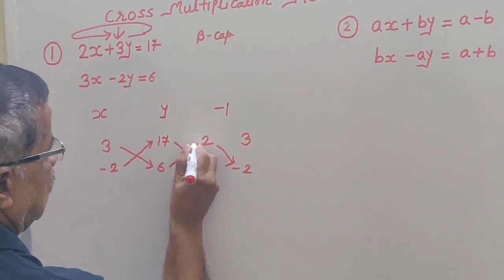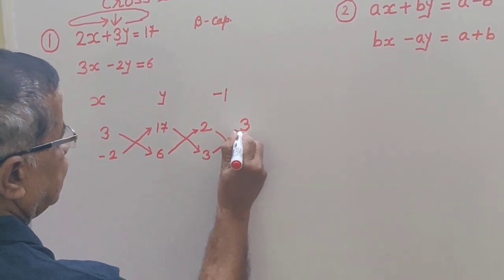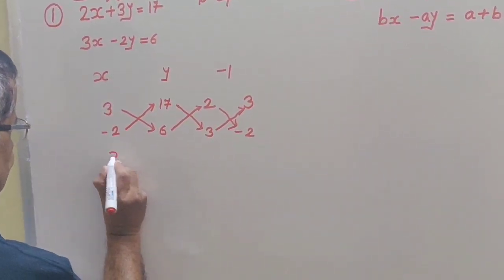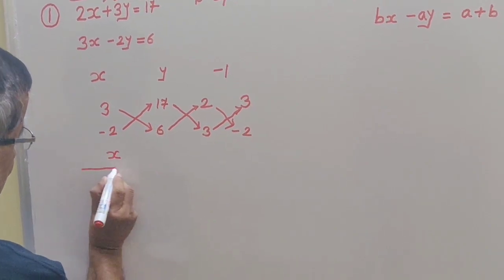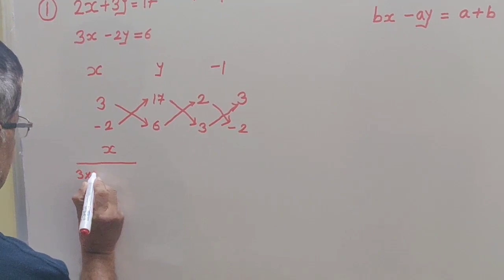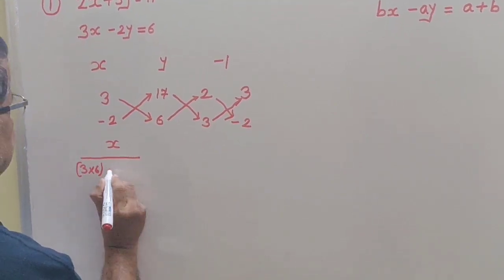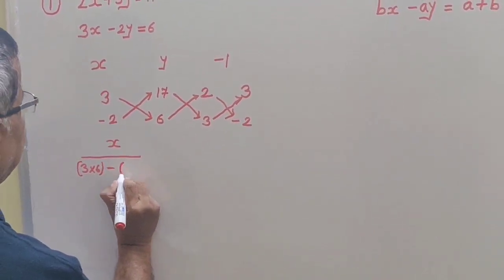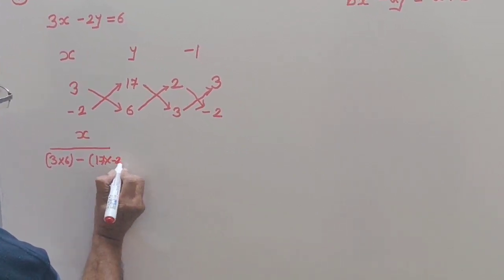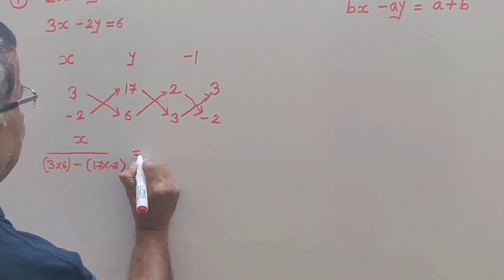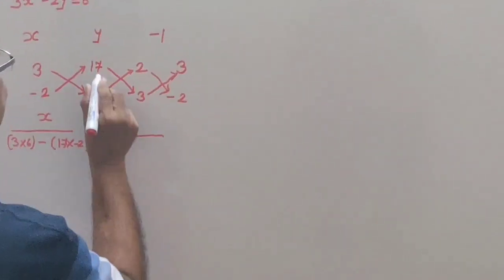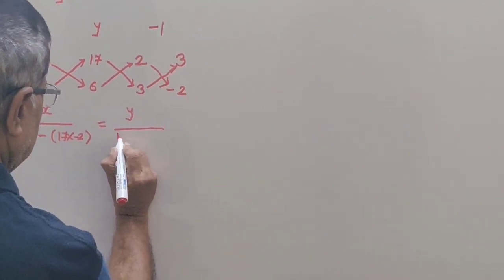Now I am writing here x upon, what will come here, 3 into 6 I am writing. Now put a minus sign in between them, again write 17 into minus 2. Now write down the y, then again I will multiply 17 into 3.